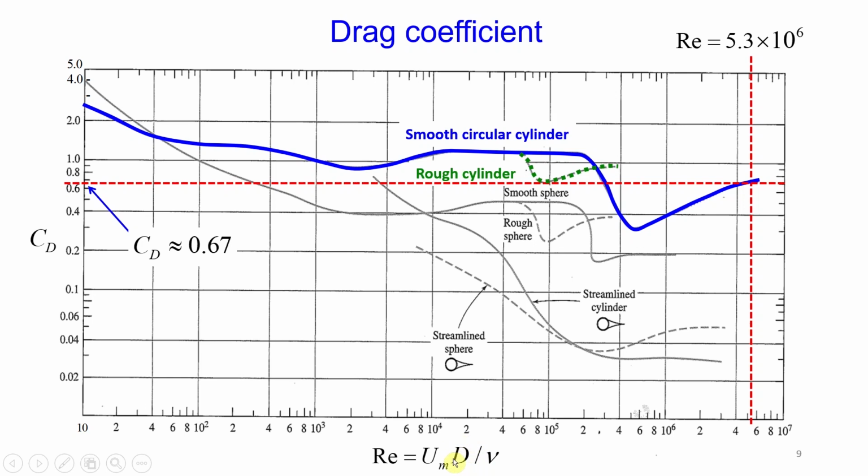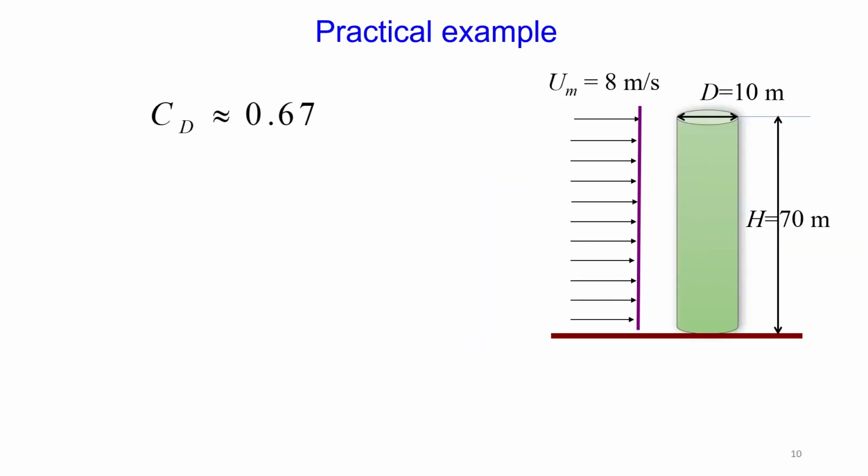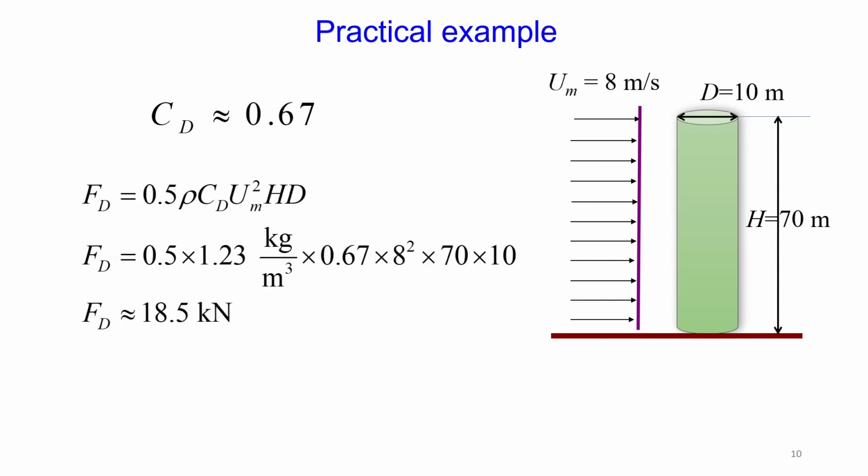If I reduce the diameter of the cylinder, the Reynolds number reduces. Therefore, if the Reynolds number reduces, say, to around 1 multiplied by 10 to the power 6, my CD coefficient will be reduced, for example, to somewhere around 0.45, and therefore my total drag force will also be reduced.